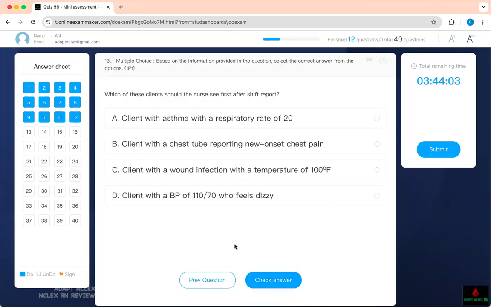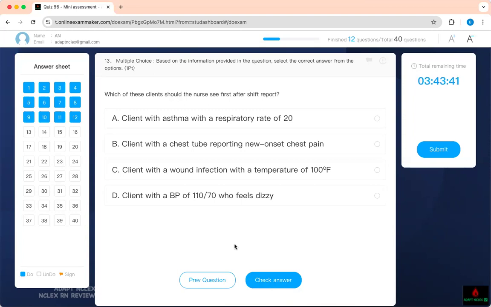Which of these clients should the nurse see first after change of shift? Client with asthma with respiratory rate of 20. I don't see any respiratory distress here. A client with chest tube reporting new onset of chest pain. If you have a chest tube, you should not have any new chest pain. It may probably develop tamponade or the chest tube is not working.